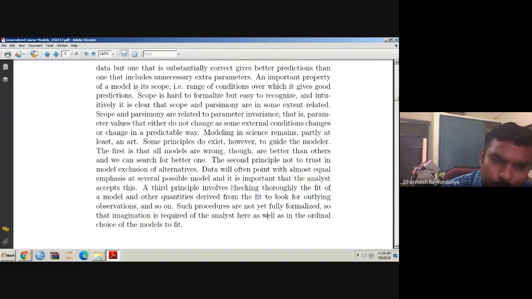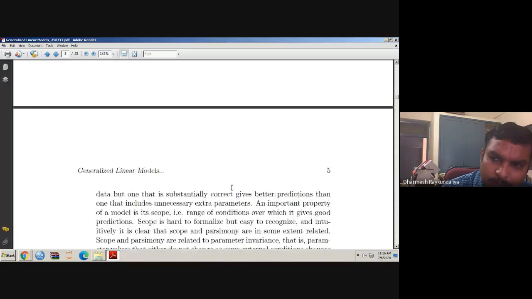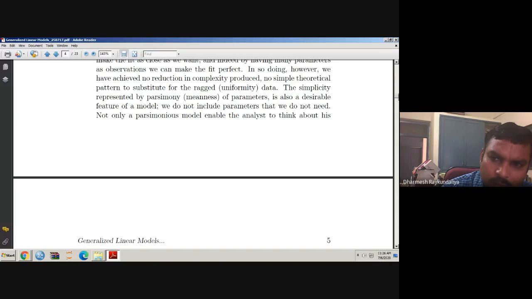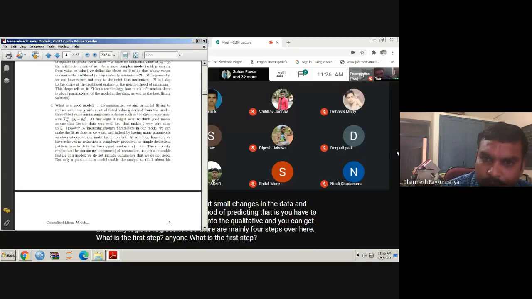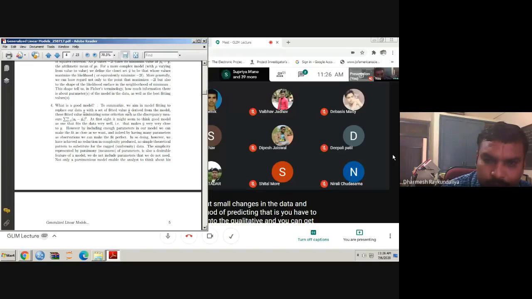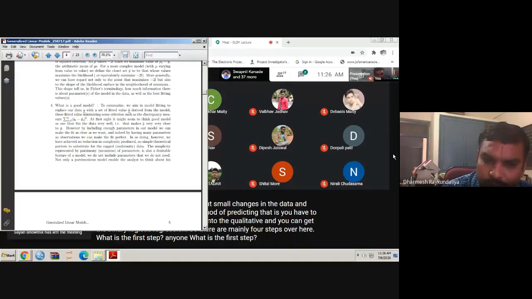So there are mainly 4 steps over here. What is the first step? Anyone? The first step is look at the data carefully.